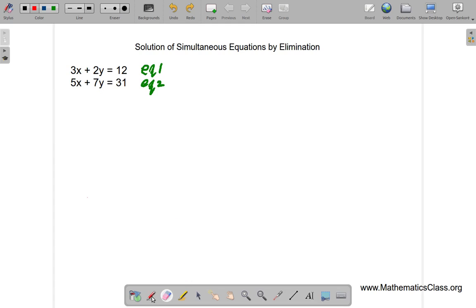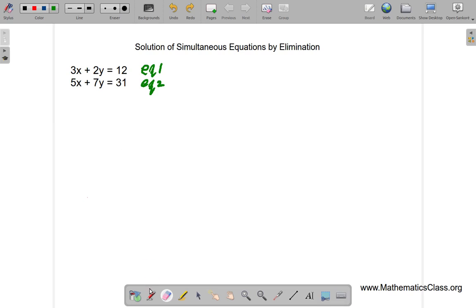Suppose we try y. Let's try equation 1 plus equation 2 and try to eliminate y that way. 2y plus 7y equals 9y. We have not eliminated y by adding equations 1 and 2.